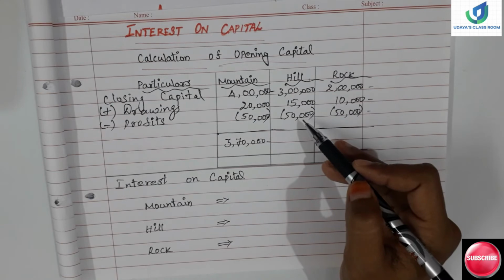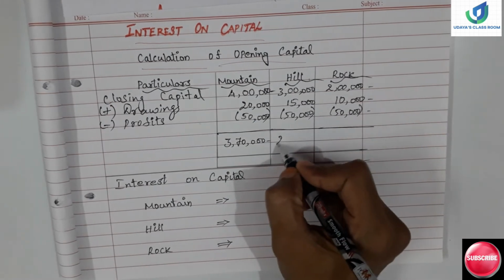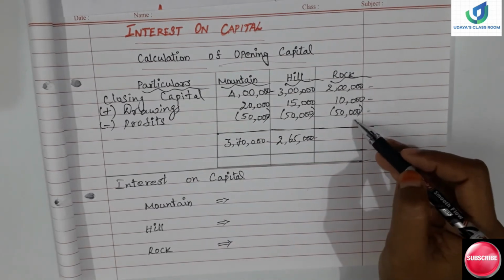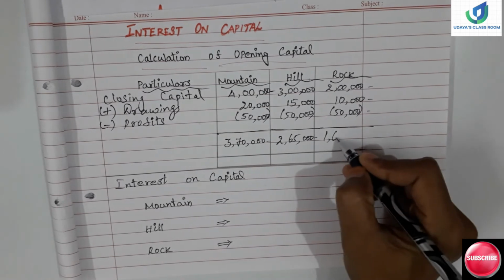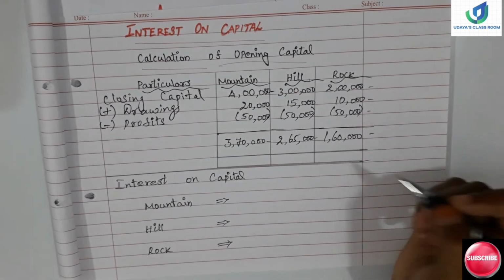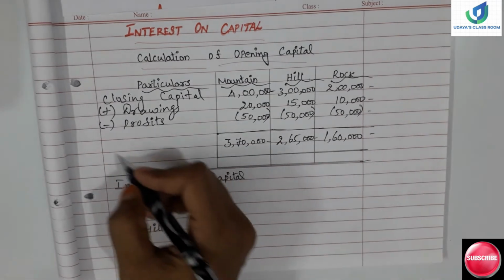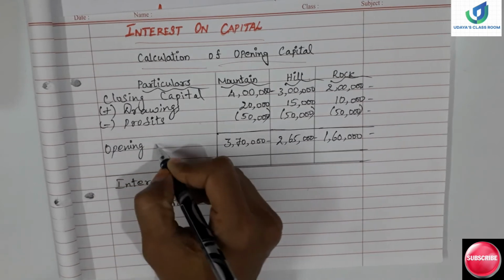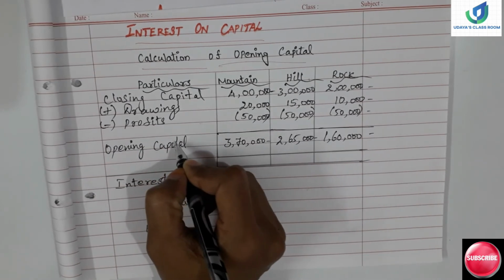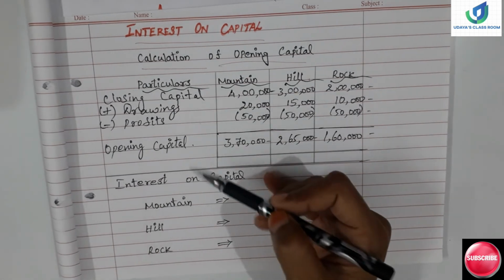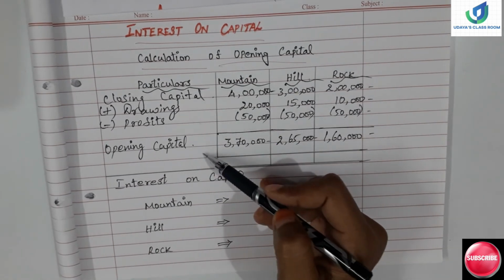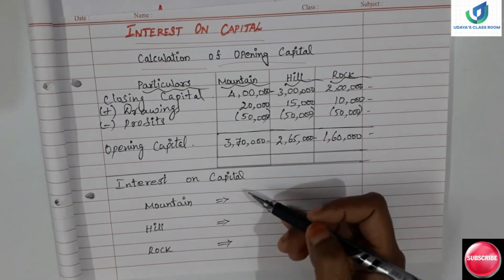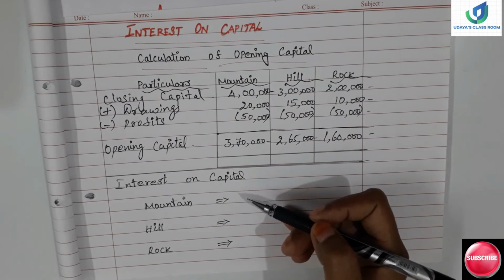And 3,15,000 minus 50,000 gives 2,65,000. 2,10,000 minus 50,000 gives 1,60,000. So this is the opening capital. We are just going in reverse order, keeping the closing capital and finding out the opening capital. It's very simple.